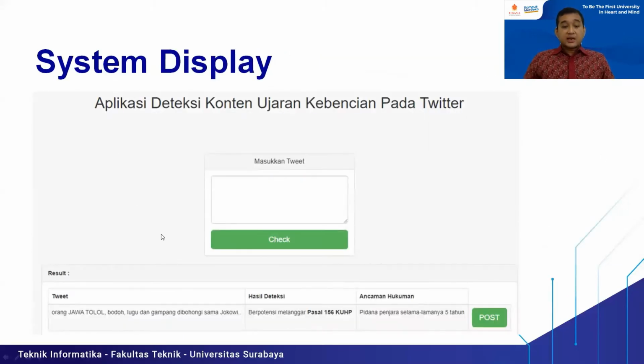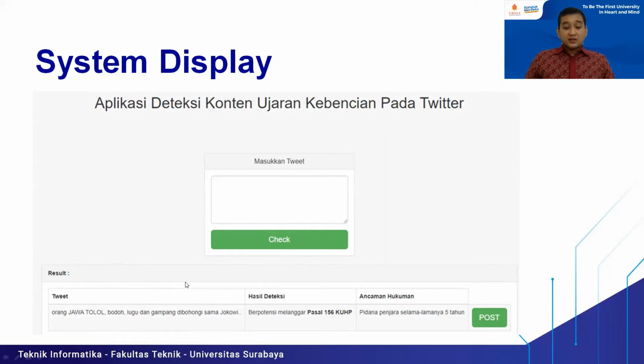This is a sample display of the hate speech content detection system. Here, the user can input new tweets to be detected through the text area provided by the system. The detection process will start after the user clicks the check button, and the prediction result will be displayed below here.